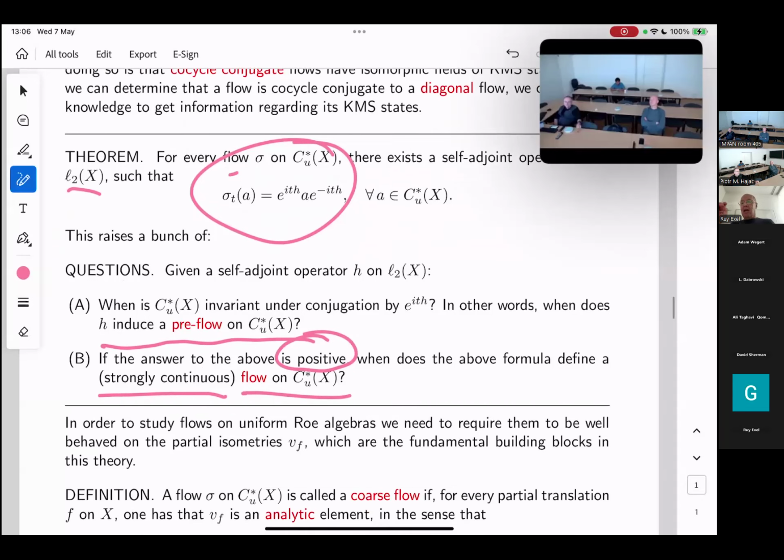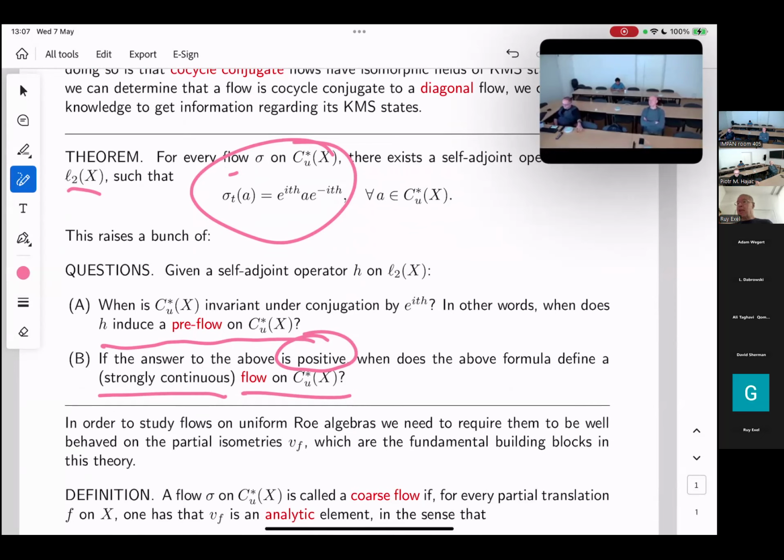Row algebras are very closely related to this basis. I should say that we have no answer to questions A and B in full generality, because we believe that this is a very hard question.